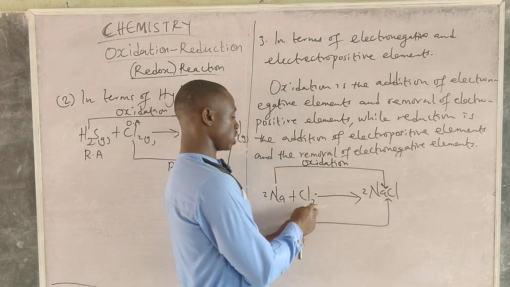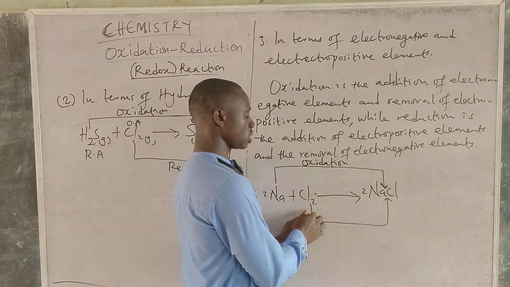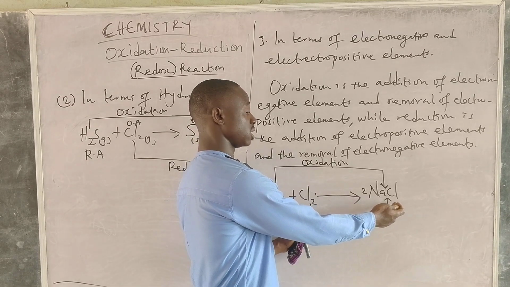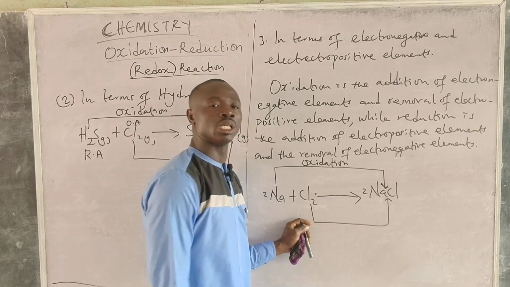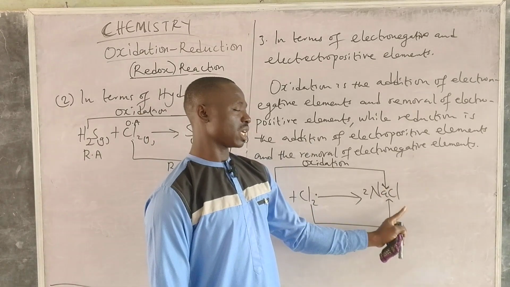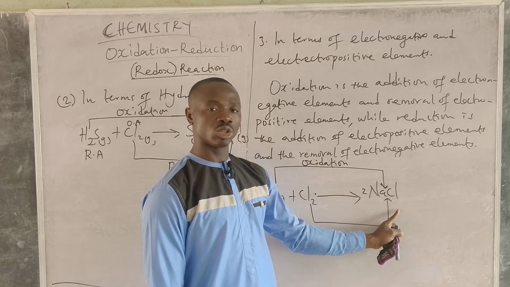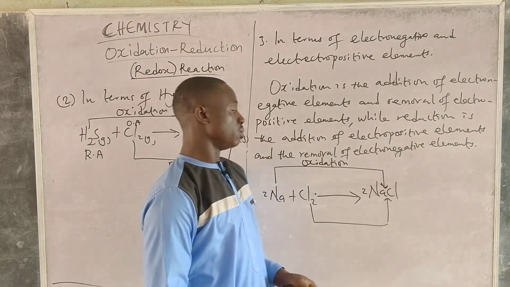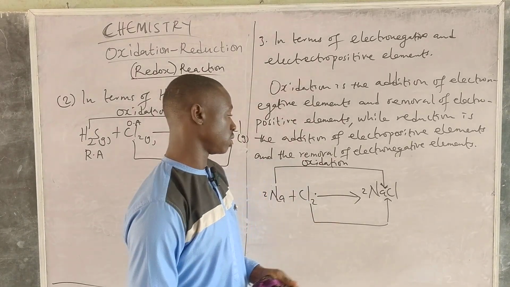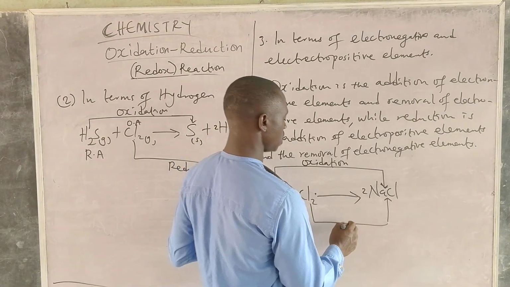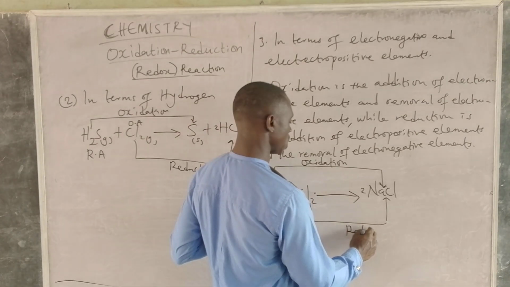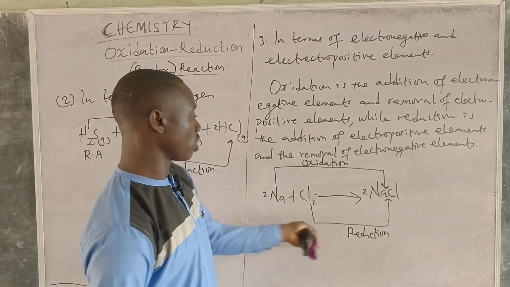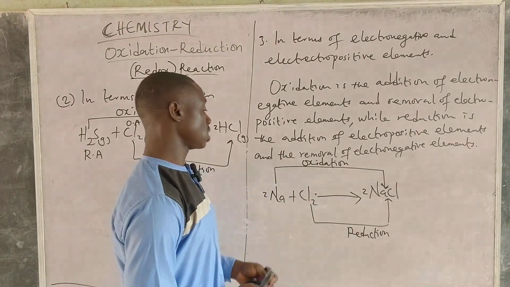Now, the other way around, looking at chlorine on the left hand side, if we trace this arrow to the right hand side, what we have is sodium chloride, meaning sodium has been added to chlorine. Formerly we had only chlorine, now we have sodium chloride. Because sodium is electropositive, this is reduction, because this has to do with the addition of electropositive elements. So from chlorine to sodium chloride, it is reduction.